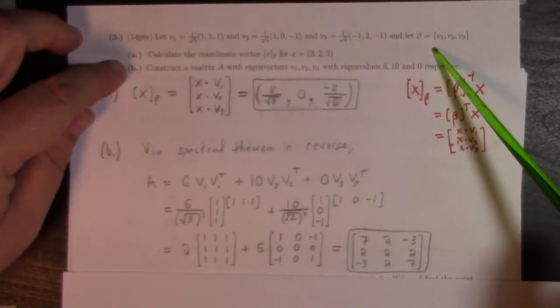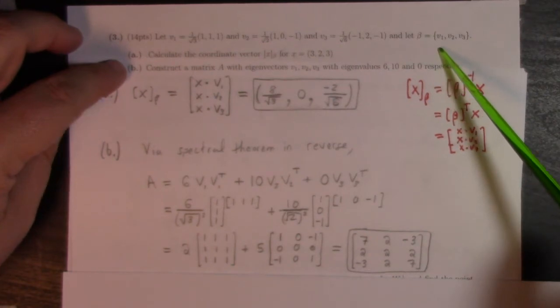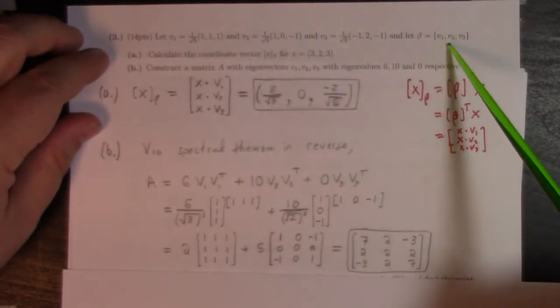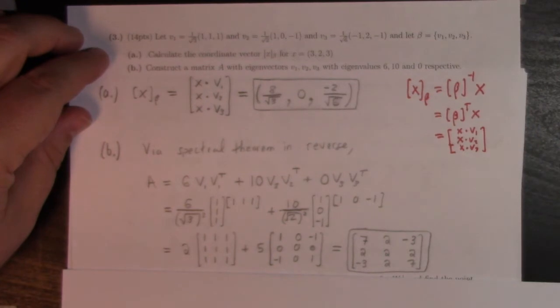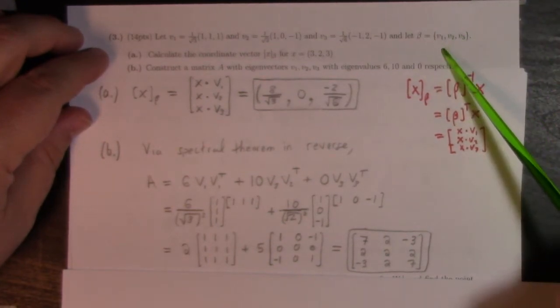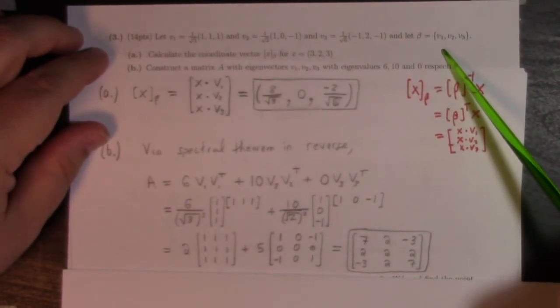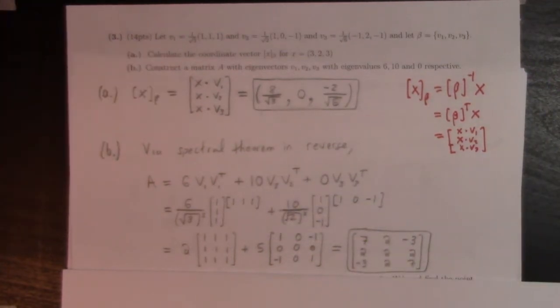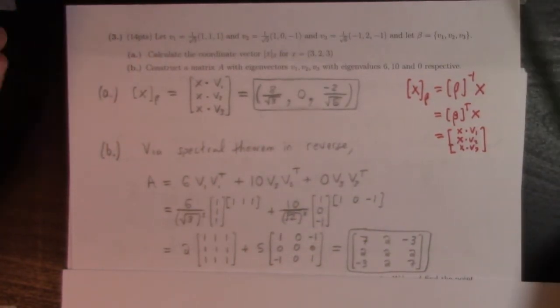What properties does beta have? Something to get you guys to see that it's an orthonormal basis. If this was not an orthonormal basis, though, that would have been a more appropriate question for the previous test. So, yeah. Oh well.